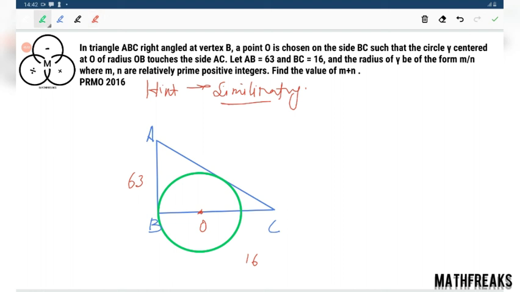Let's see, if we just draw a perpendicular, not draw a perpendicular, join the point of contact, then this is the tangent definitely. OT is tangent, so this will be perpendicular. We need to find the radius.